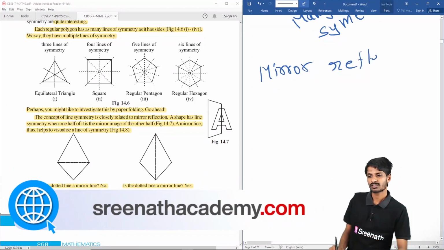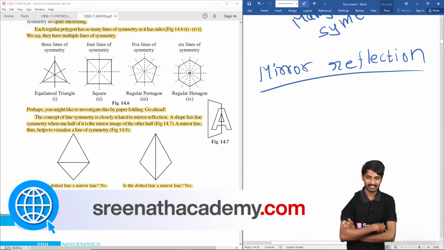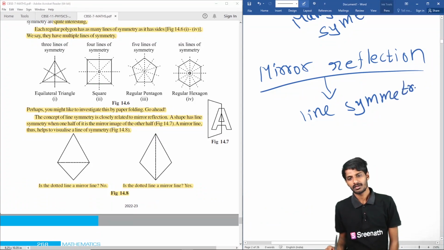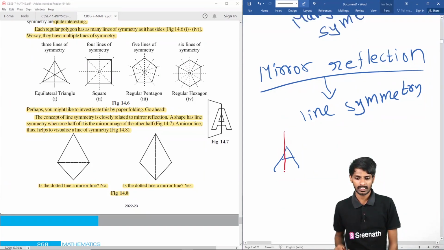Mirror reflection, students. From here the concept of line symmetry has come up. So if you look at this A, it is symmetrical. So it is the line of symmetry. We know if you draw A, it is line symmetrical around this vertical axis.